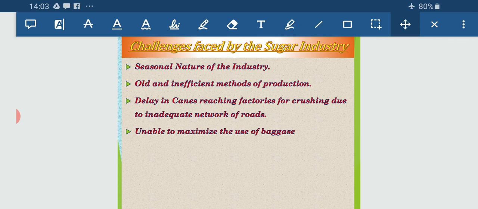Number three, if the canes are delayed, then obviously the quantity of production will not be there. And number four, they are unable to maximize the use of bagasse. Bagasse means the straw that is left out after the crushing. The more the crushing, the more the residue is left over.